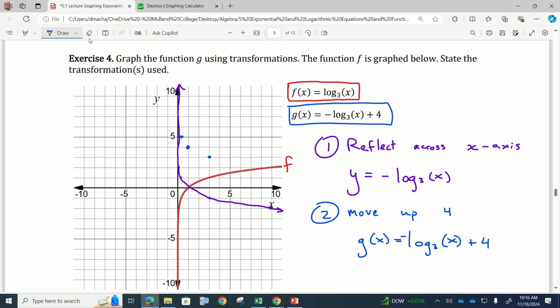So these questions are exactly like the questions you saw in section 4.4. We're just graphing using transformations.